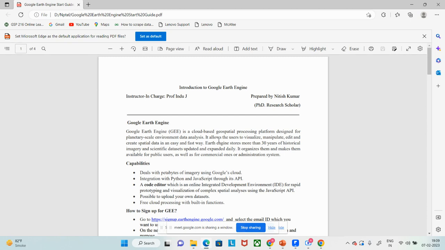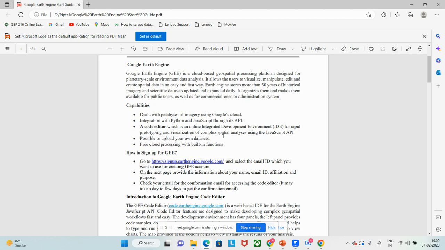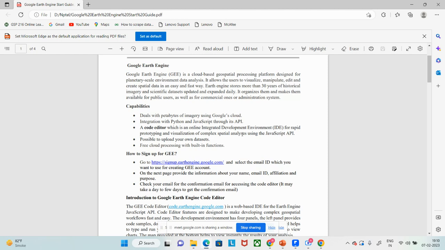Like ALOS PALSAR, which we would have used, is not available here, but Sentinel-2 data is available. Most new data are available here, but many previous data are not. So that is one drawback.